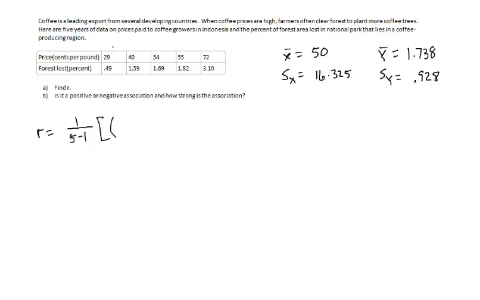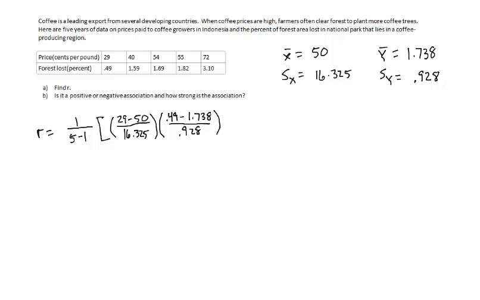In our first set of data, our x bar is 50 and our xi is 29. So we're going to have 29 minus 50 divided by sx, which is 16.325, times yi, which is 0.49, minus 1.738, which is our y bar, divided by sy, 0.928.